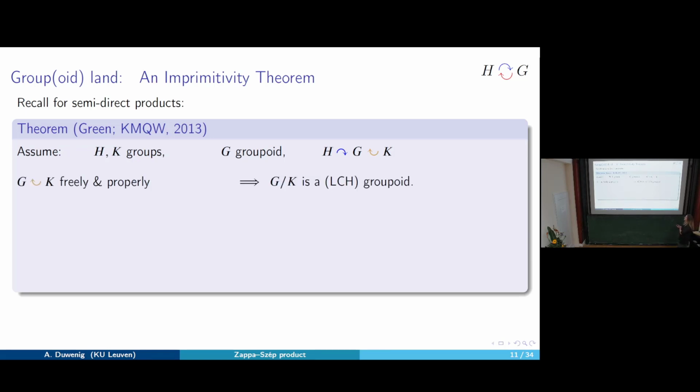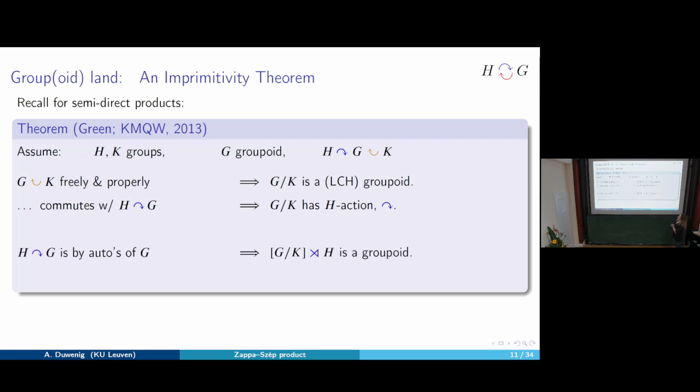Say I've picked the K action on the right: if that is free and proper, then you can make the quotient by the action a locally compact Hausdorff groupoid. If that action commutes with the left action, the quotient also gets the left action. If that left action is by automorphisms, then so is this action. And as I mentioned earlier, if you act by homeomorphisms, the semi-direct product is also a groupoid.